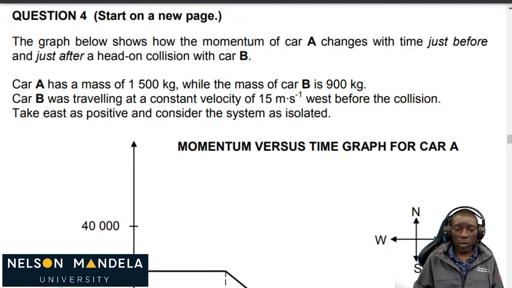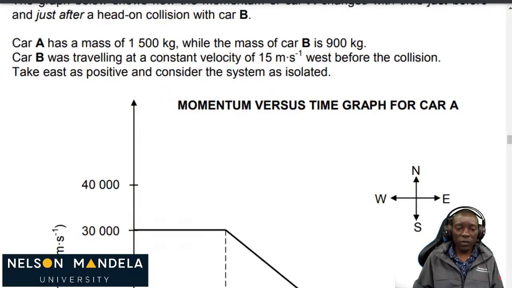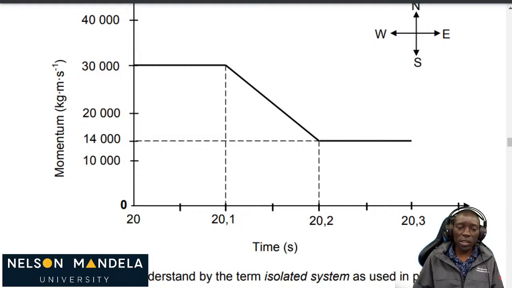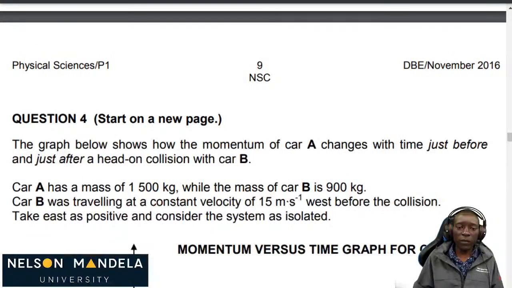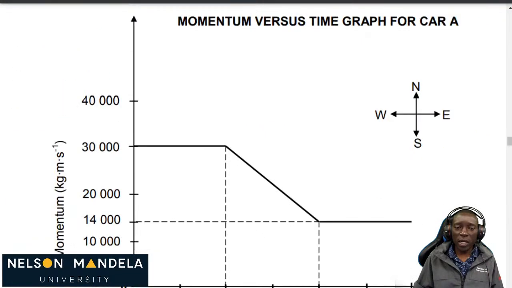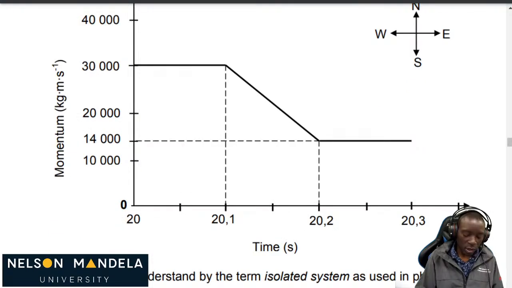Then we are also given the momentum from the question. Take note, this graph has been drawn for car A. This is the graph for the momentum of car A before and after it collides with B. It has an initial momentum of 30,000 newton seconds, or you can say kg meters per second, mass times velocity.